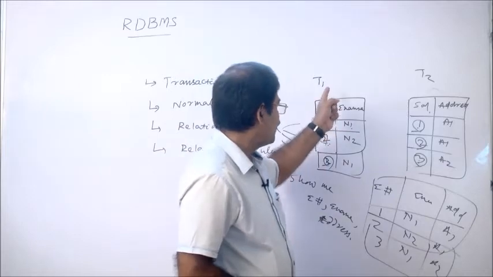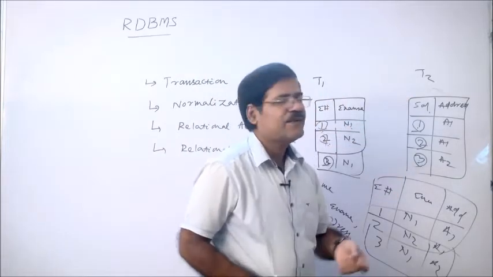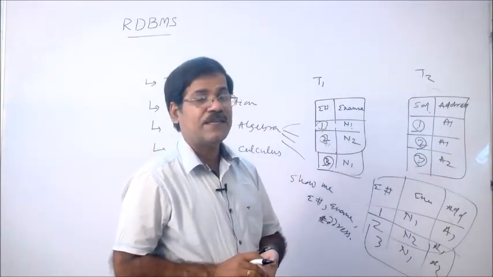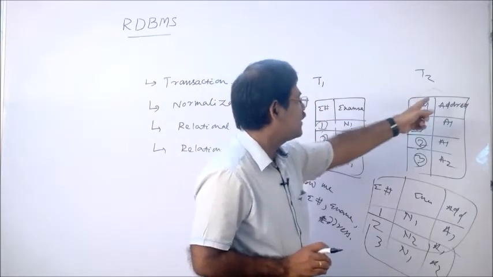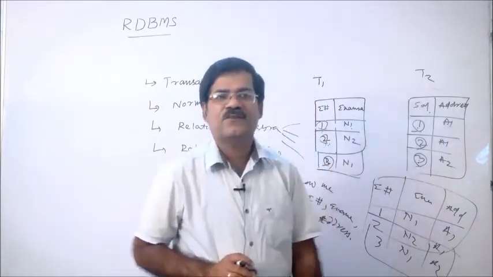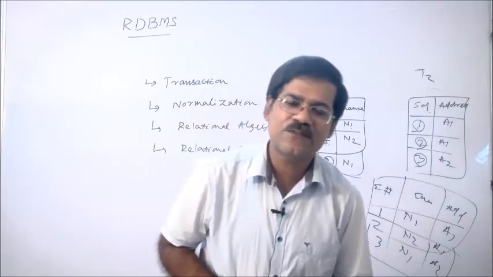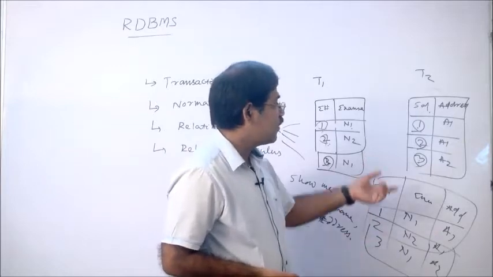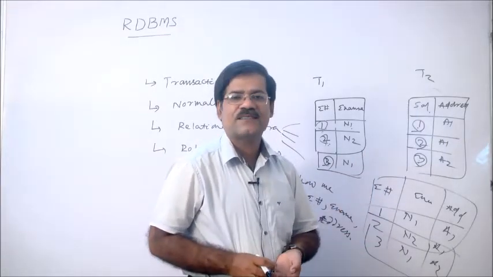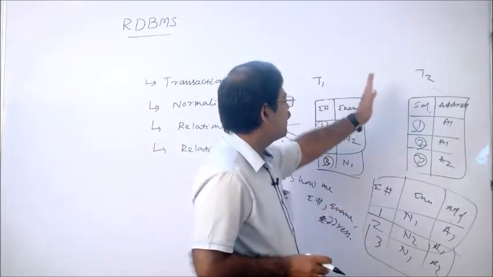But here tables T1 and T2 have no common field. But my requirement is to display the employee number with name, with its address and salary. So, what will we do? It is not possible to retrieve the data from a single table. Obviously, we have to join the two tables, but a join operation is not possible in this case, because no common attribute is present here.